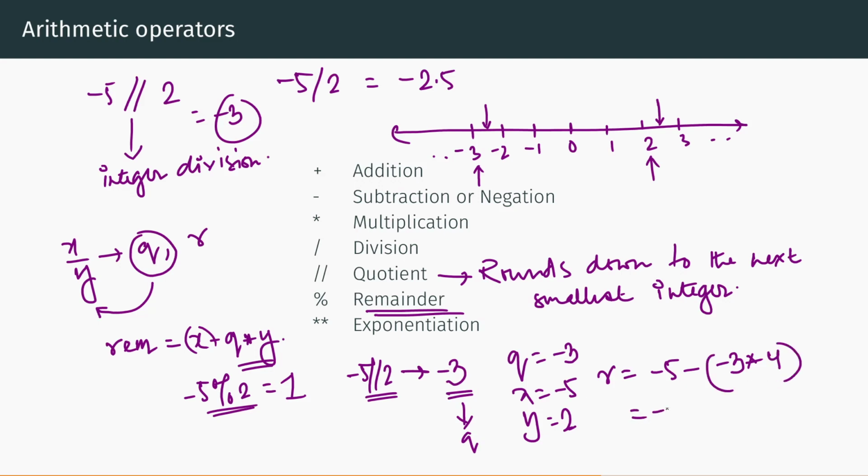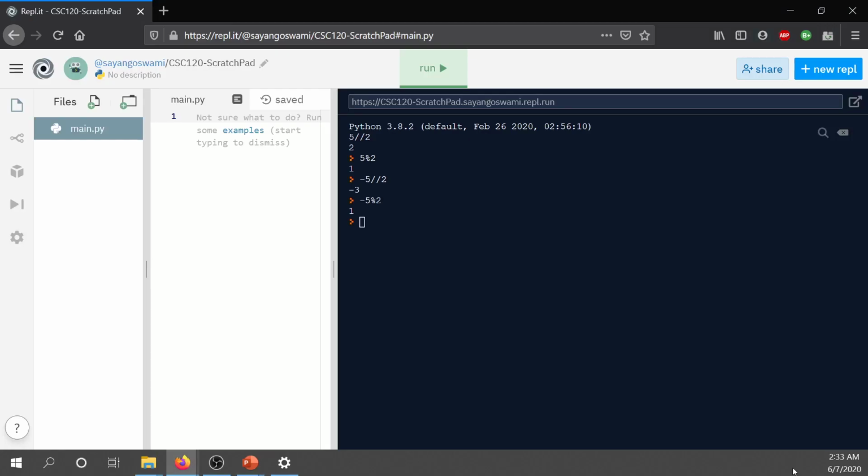So essentially minus 5 minus (minus 3 times 2), which is minus 5 minus (minus 6), which is minus 5 plus 6, equal to 1, which is what we get.